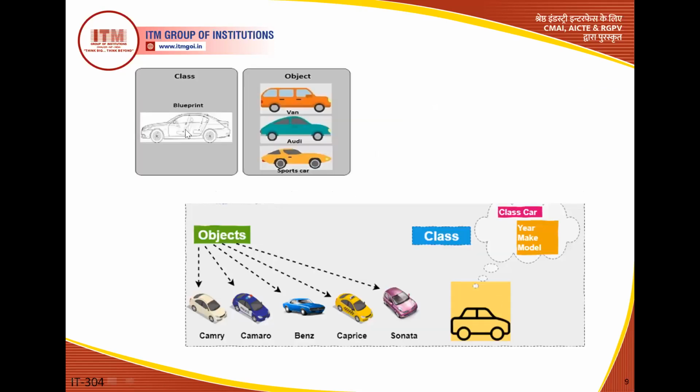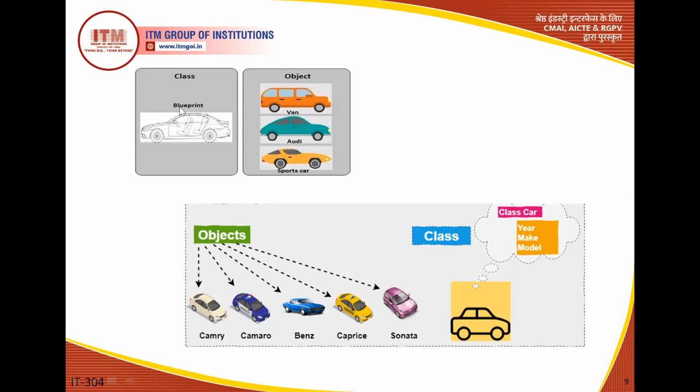You can see here, if this is the class, this is the blueprint. Blueprint means the main features it possesses, the idea behind making this car and its engines and other main standards decided while designing the car, which are adopted by its objects.